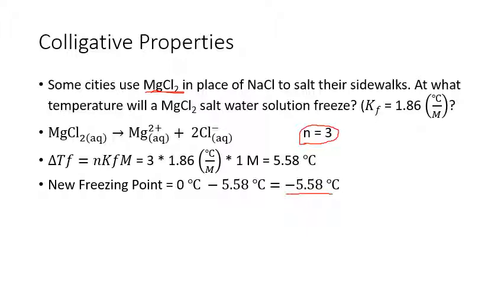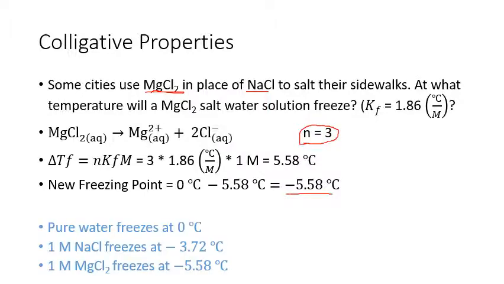And that's why some cities, especially colder cities or cities that are worried about their sodium impact, if they have a lot of reservoirs, will use other things like calcium chloride or magnesium chloride, because they have slightly different freezing prevention capabilities, partly because the MgCl2 has a 3-factor instead of a 2-factor for its freezing point control. So you can kind of see here, depending on what solution you had, regular water would freeze at 0 degrees.